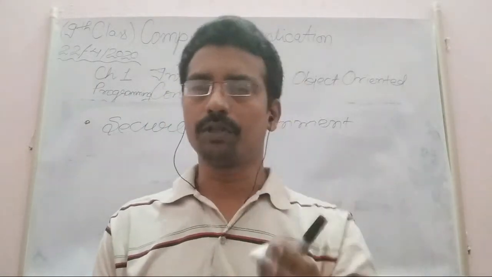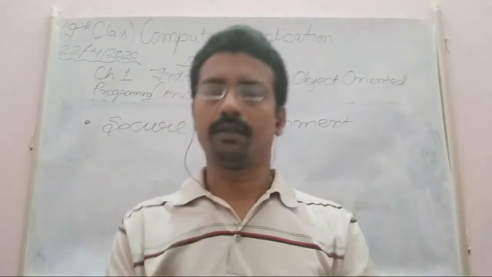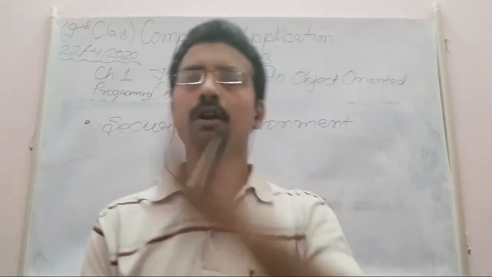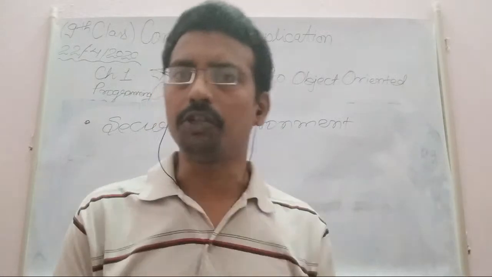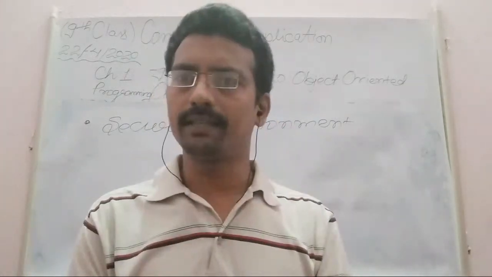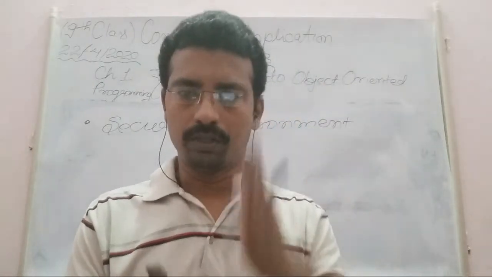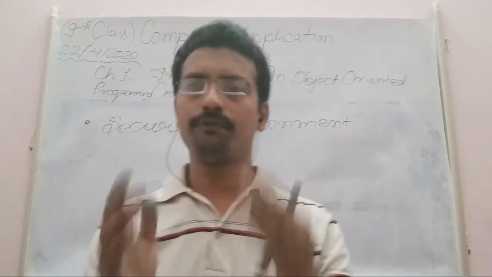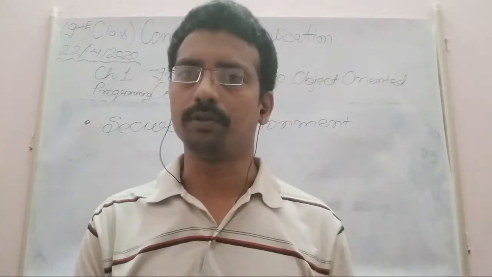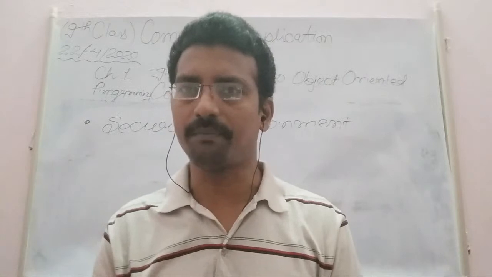After that we focused on the principles of object oriented programming. After this, in today's class, we discussed what Java is, what the features of Java are, and what the compilation process is. This way we are going to finish our first chapter. I hope you have a little idea about the first chapter.